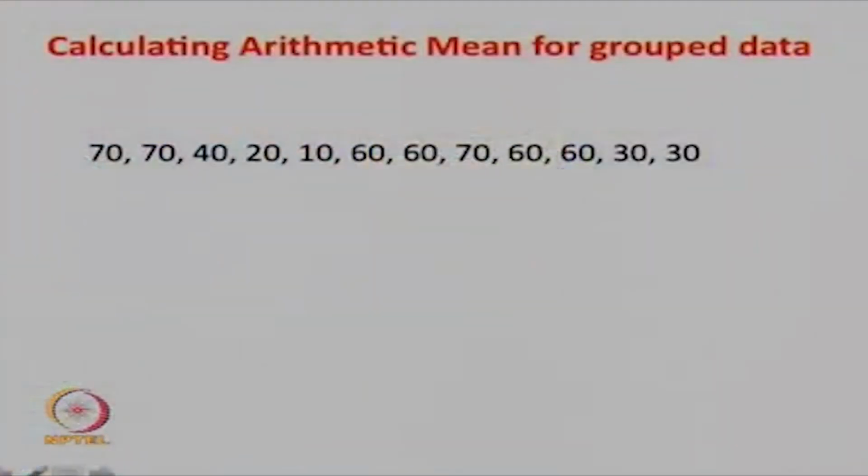If you look at the data set here, the numbers are first of all discrete, and then they are repeated. If this was the entire data set, what you can clearly see is the number 10 has been repeated.